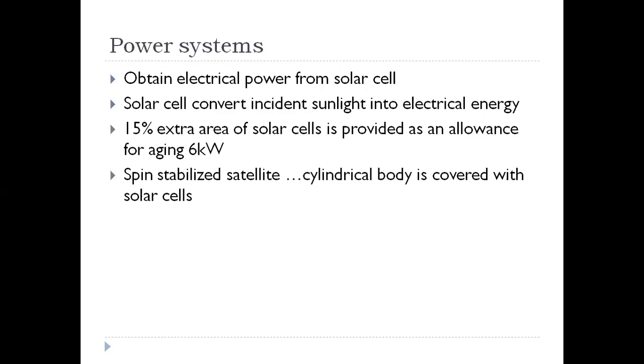The output from the solar cells is slightly higher than that obtained with normal incidence on a flat panel equal in area to the projected area of the cylinder, that is, its width times its height. The cells that are not illuminated by sunlight face cold space, which causes them to cool down.